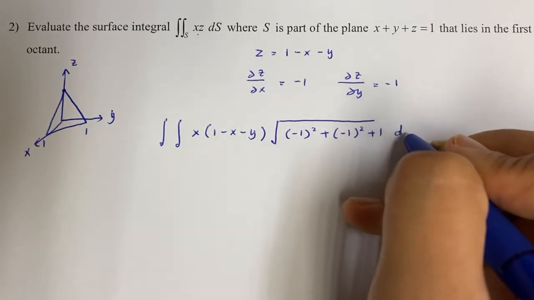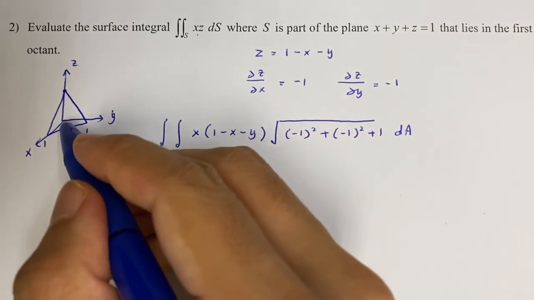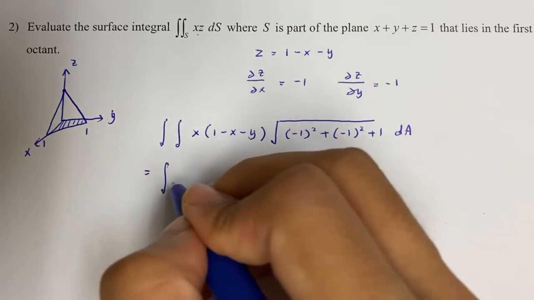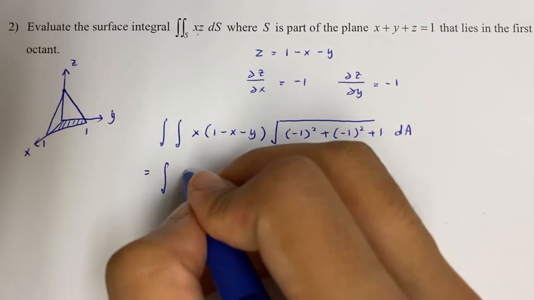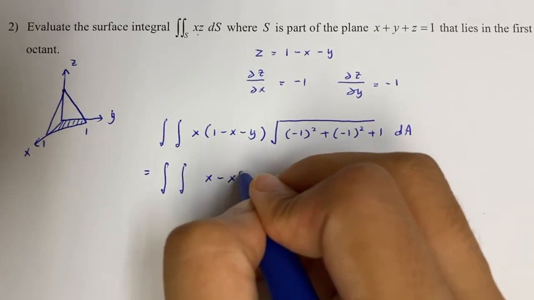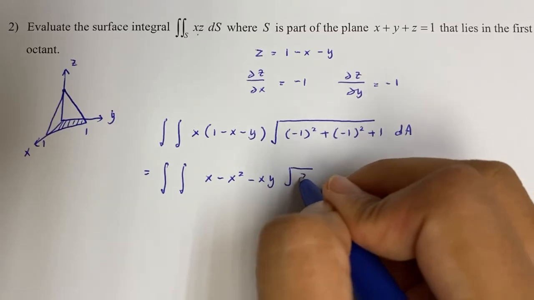Then your dA. Okay, so for this one, we can take dy dx. For double integration, we have x minus x square minus xy, and this square root is equal to square root 3.